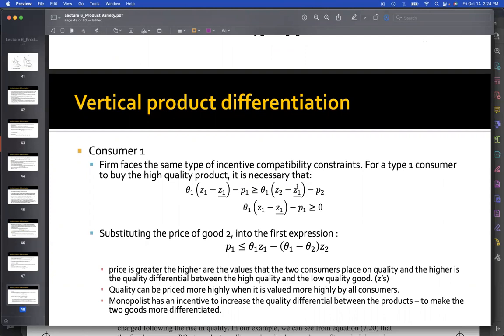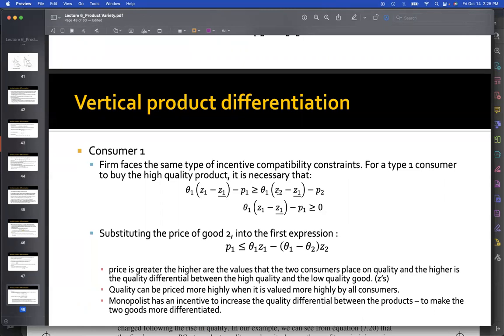So for consumer 1, I want him to buy the product that's meant for him, which is quality Z1, as opposed to quality Z2. So his utility, which is this one, buying Z1, just comes from the definition of his utility, wherein the Z is now Z1. His utility when consuming Z1 must be greater than his utility when consuming whatever the second product is, Z2.